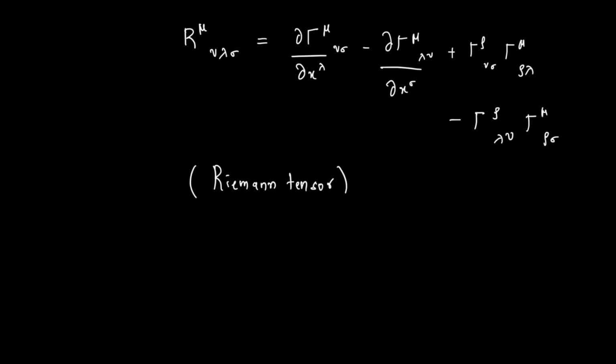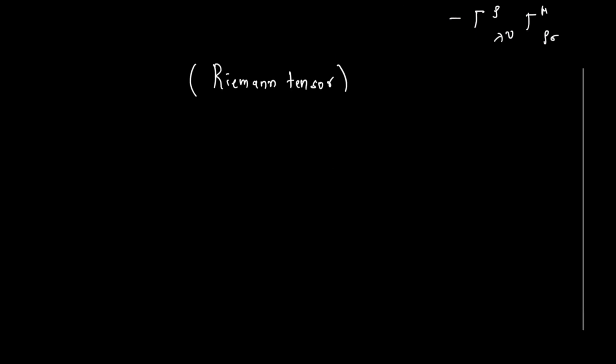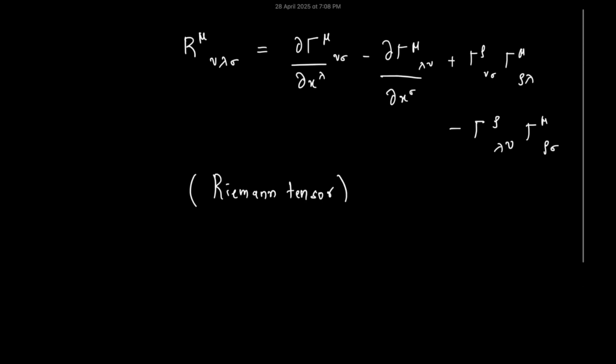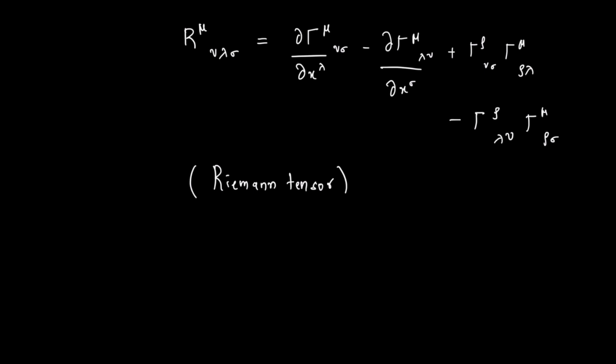From this curvature tensor, we can construct another tensor of rank 2 by the operation called contraction. At a glance, there appear to be more than one possibility of doing the contraction. But if you closely look at it, you can contract μ with ν, λ, or σ, and we find that there is only one independent result that you can obtain.